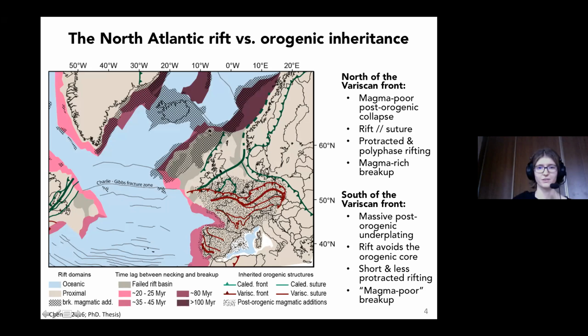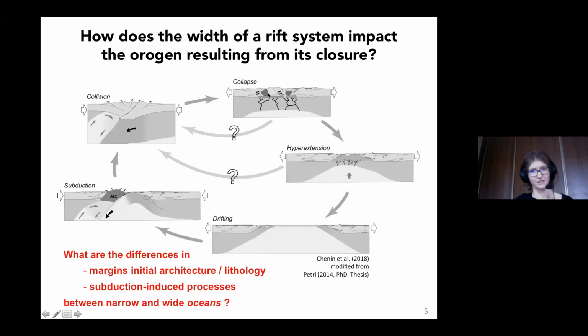So the question is, in the framework of a Wilson cycle, what happens if a basin doesn't go through the entire drifting process, but a small basin closes? Are there differences in the orogeny?